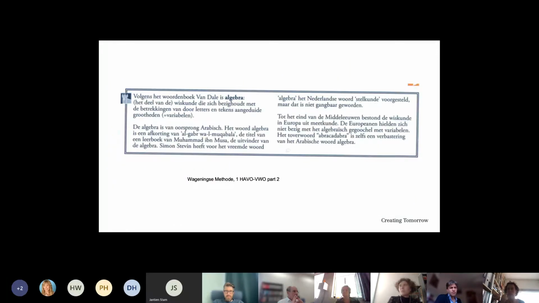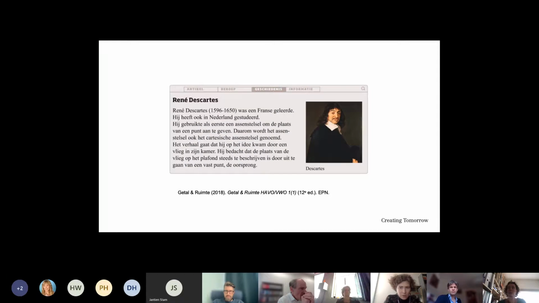This is a clip from the Wageningse Methode. Here the word algebra is explained. This is actually something that I also use in my teacher training program. It's interesting to know where this word came from. So this is a small fragment from a book, Wageningse Methode. Here we have another.